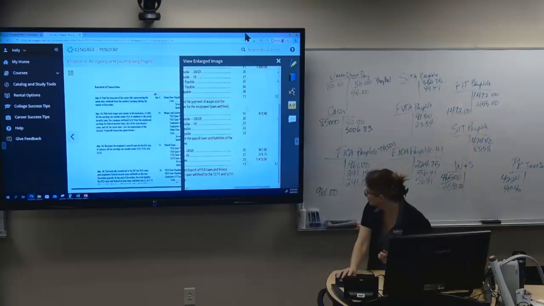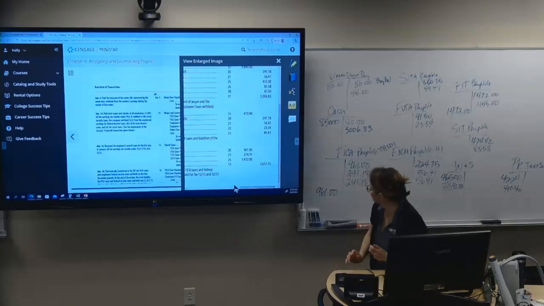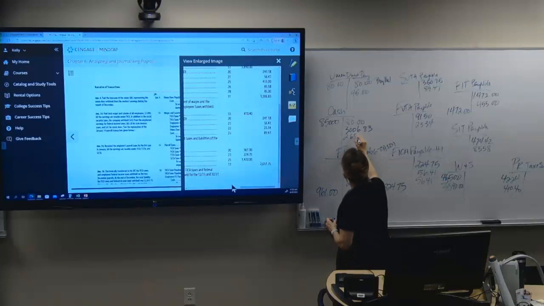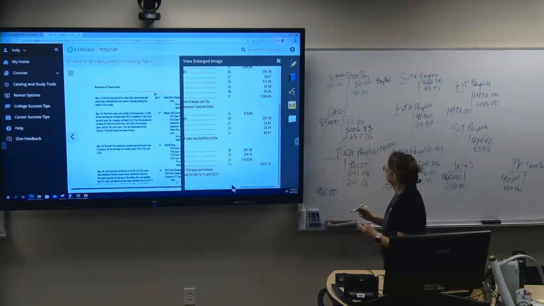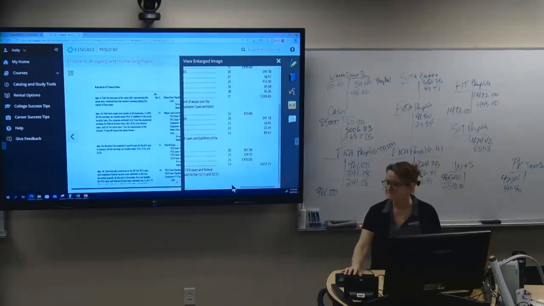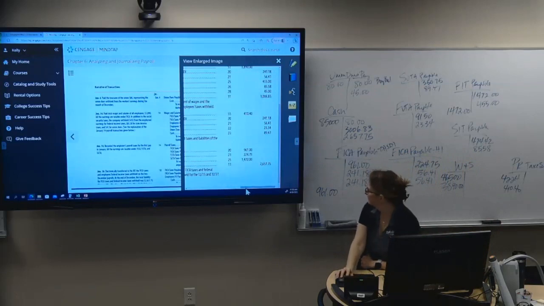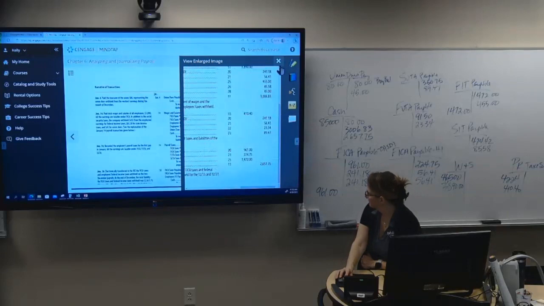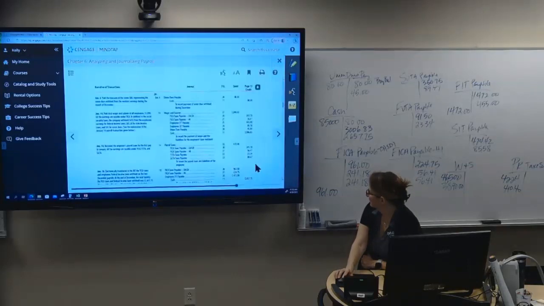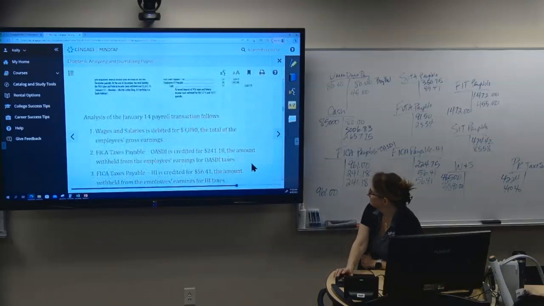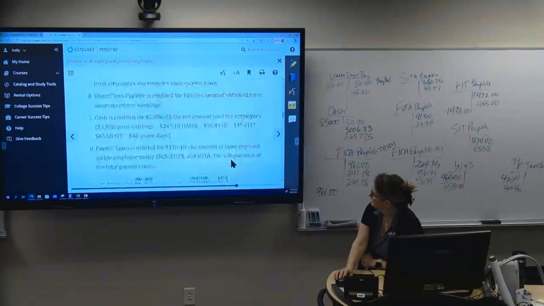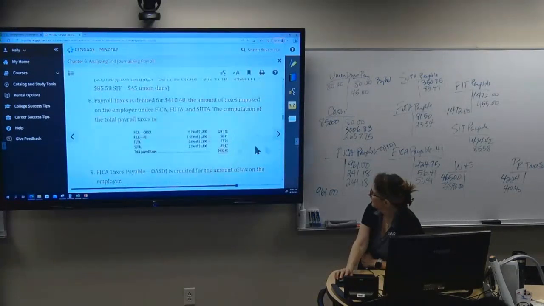Transfer that over, and then cash. Again, cash is going out. 2657.75. Okay. Everybody following me so far? Same information there. And then the calculations for all of those numbers.